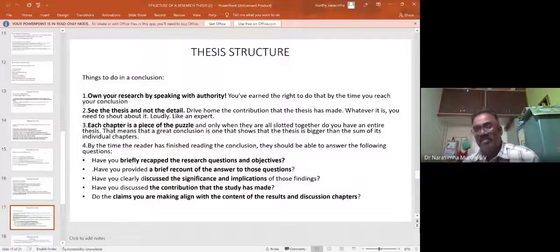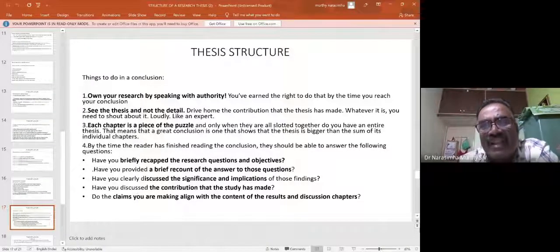They're all separate, but when you place them in their proper sequence or order, the thesis becomes bigger than the sum of its individual chapters. Therefore, a great conclusion should be like a grand finale.